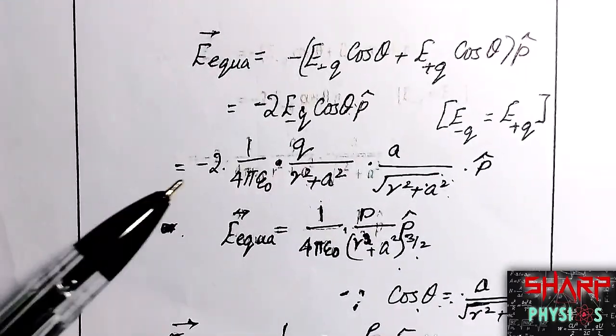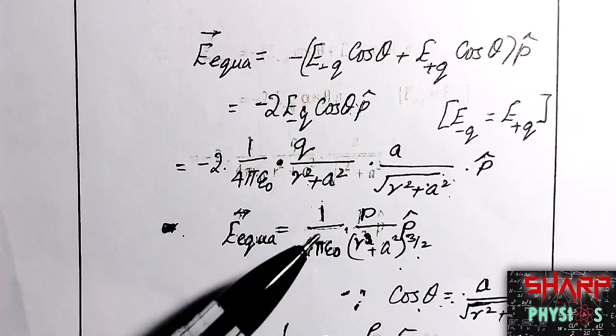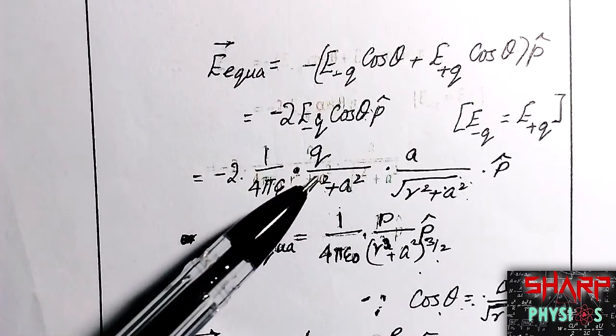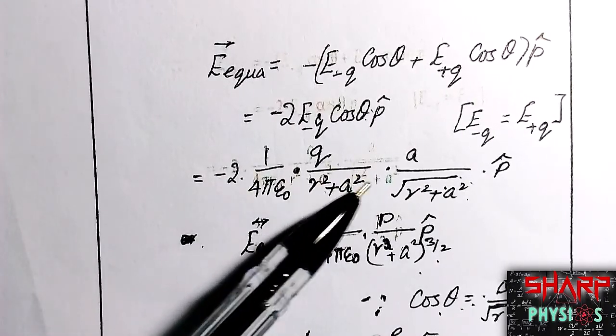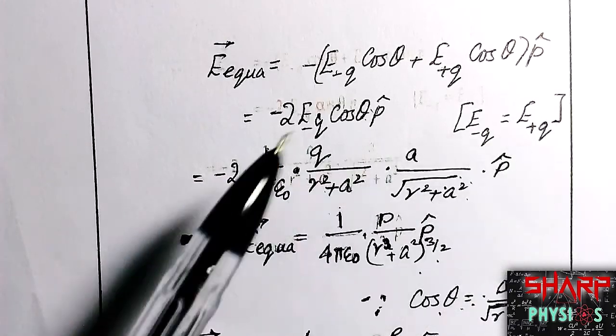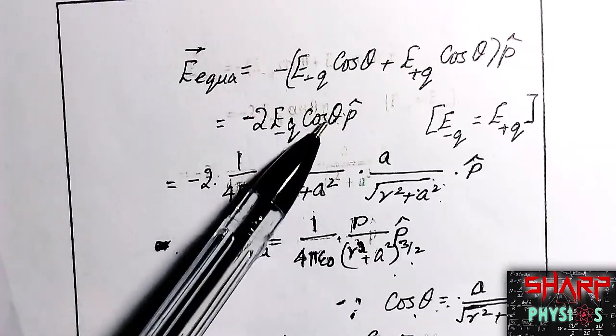Now when you substitute the value for this, minus 2 into the electric field which we got before, which is 1 by 4 pi epsilon 0 into Q by R square plus A square, which is common for both negative and positive charge, into, you have to substitute the value for cos theta.